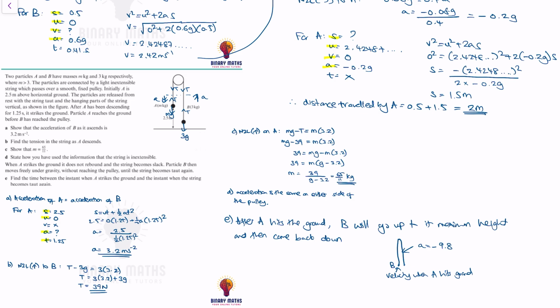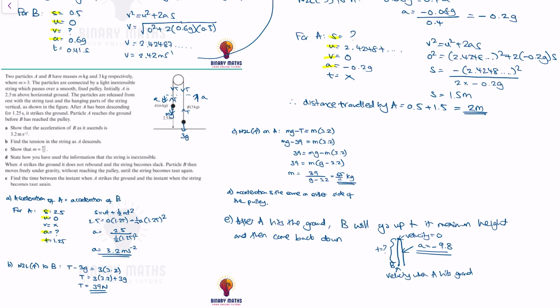And at the maximum point, velocity is equal to 0. So if we can find the time it takes to travel from the point that A hits the ground to the maximum height, then we double it, because acceleration is constant throughout the whole journey, to get the time it takes to come back for the string to be taut again.